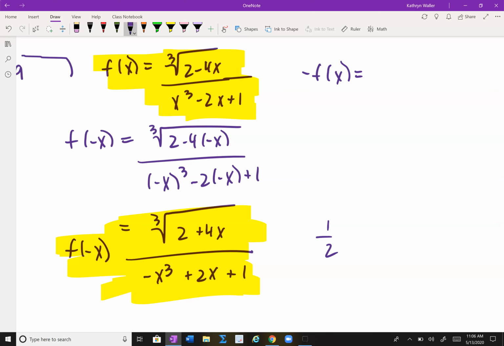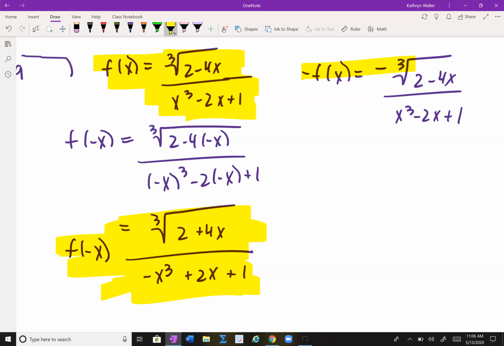Well, if I were putting a negative in front of it, I would literally just put a negative on the top. That's literally all I have to do on this. So I'm going to go negative cube root 2 minus 4x over, I do not change the bottom, because that would be a negative over a negative, which is positive. So you just change the top. And I don't have to distribute anything because the top is a monomial and I can't distribute a negative into a root.